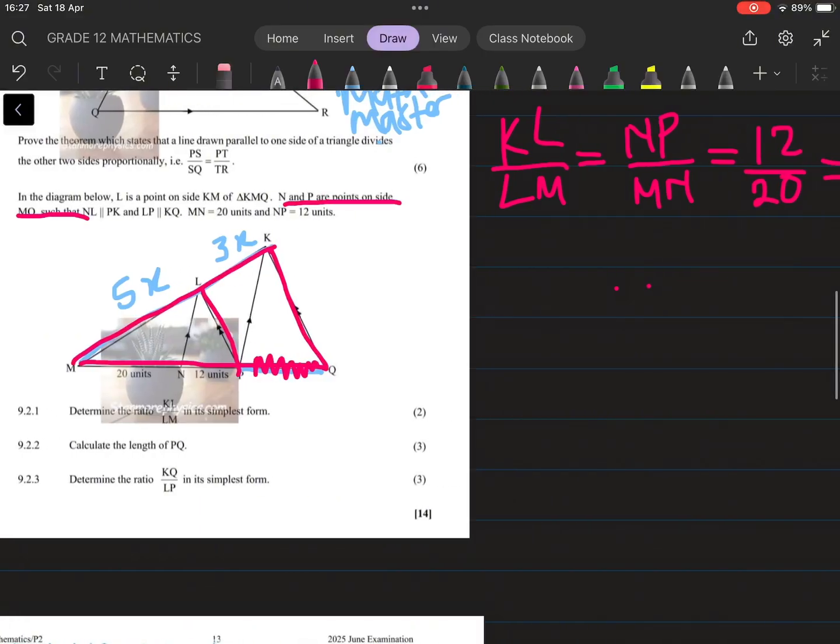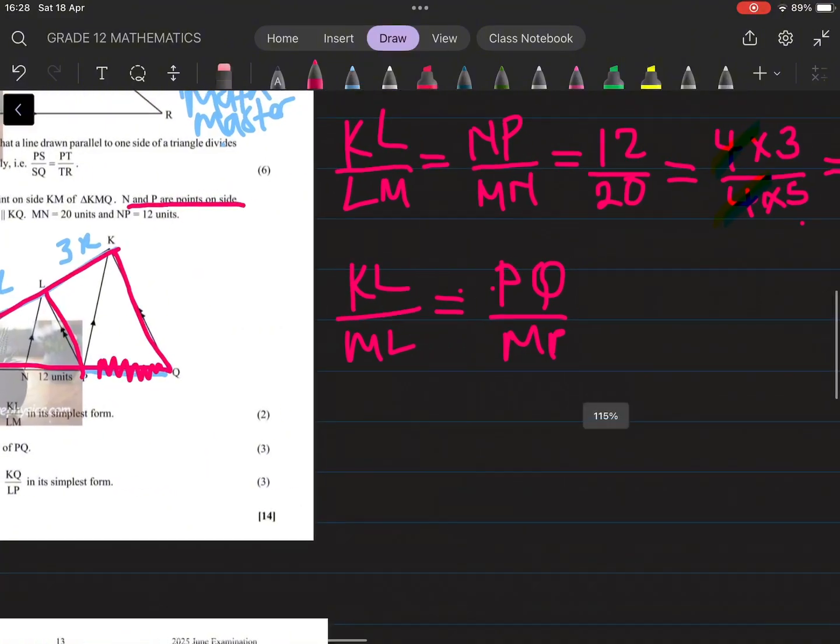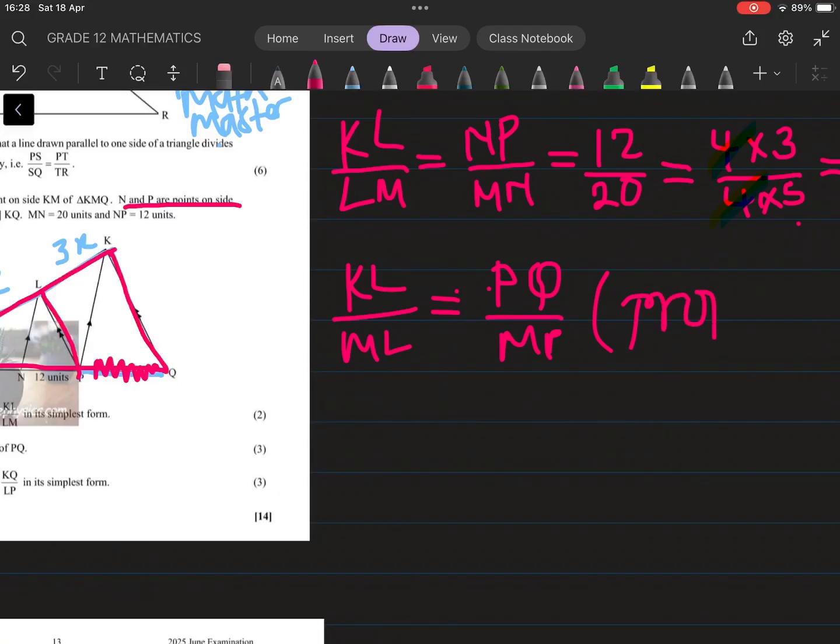Now we can say we have KL divided by LM, or ML, which is equal to PQ, which is what we are looking for, PQ divided by MP.